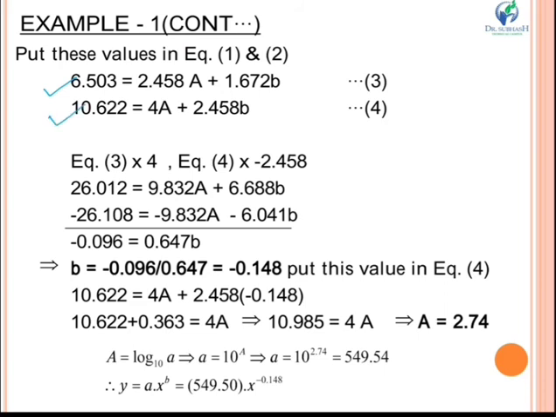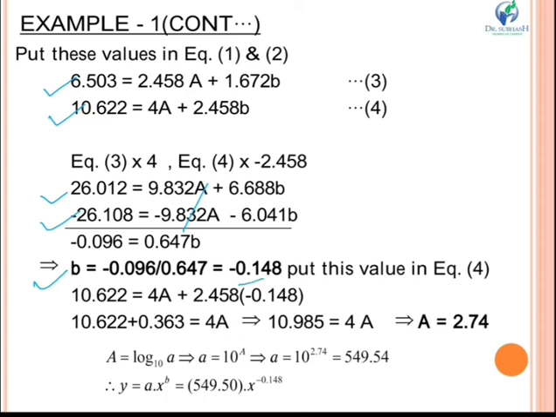Now again I have to eliminate here either A or B. I will multiply equation 3 by 4 and equation 4 by minus 2.458. On doing this, I get these two equations. Here we can see that A is eliminated and we get the value of small b as minus 0.148.